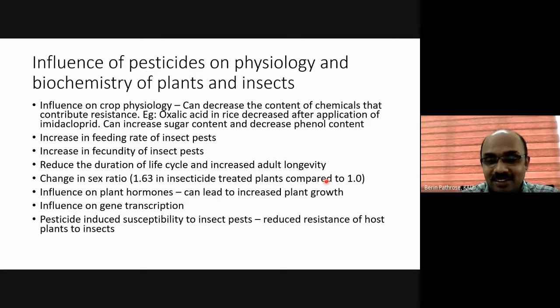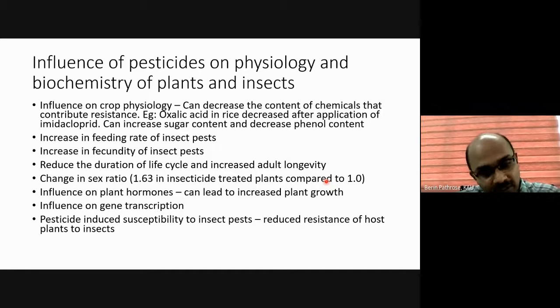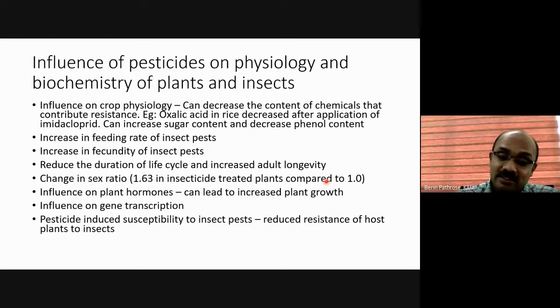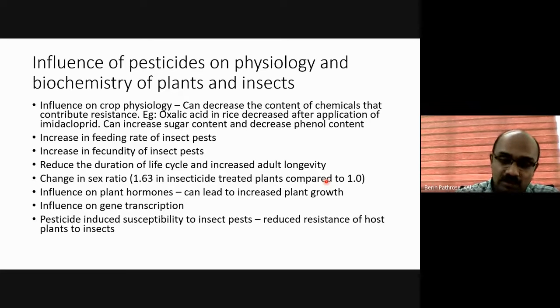That means there are huge physiological changes happening in the plant, which entomologists have to understand. We recommend a pesticide. This pesticide can affect the physiology of the plant, even up to gene expression level.